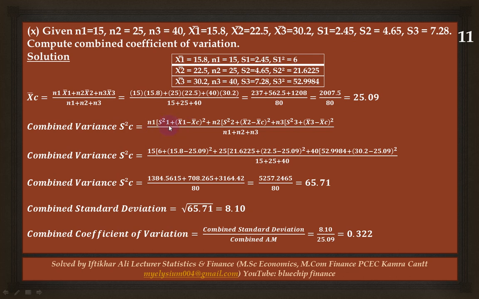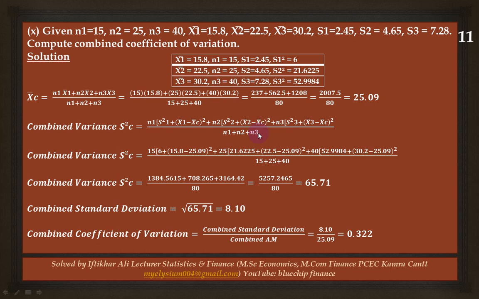Here it will become n2, and here it will become n3, and here it will become second variance, and here third variance, and here second mean, and third mean here, and divided by n1 plus n2 plus n3.